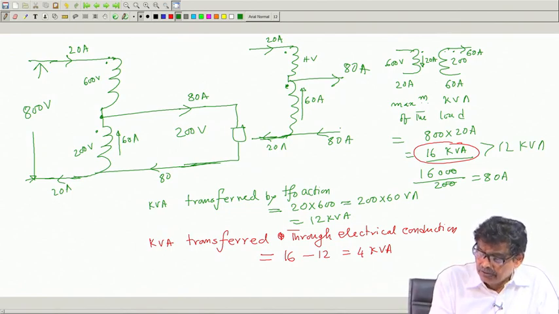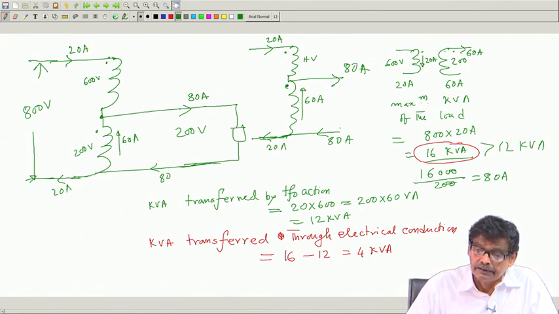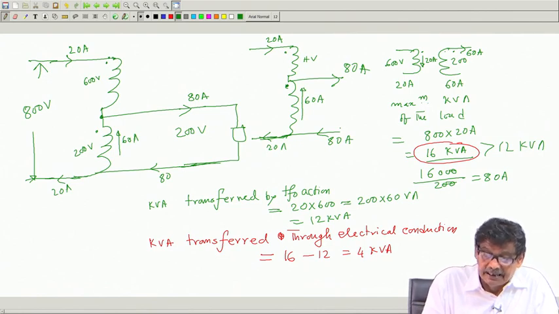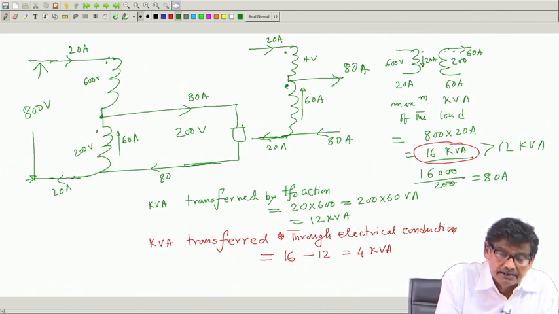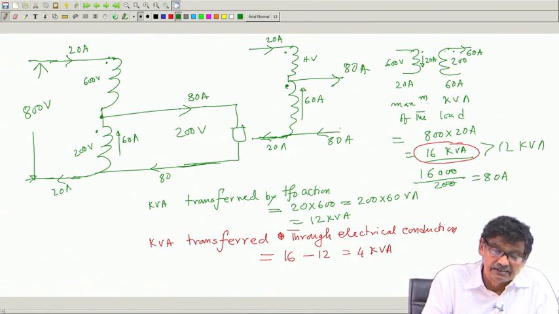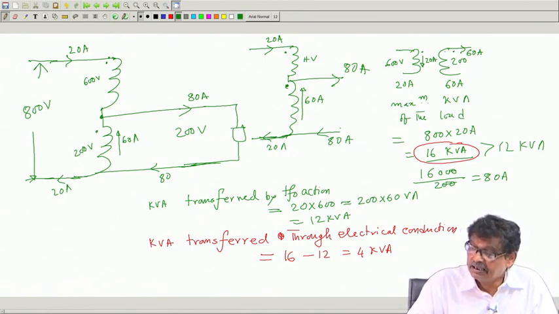And we have also seen another interesting feature: a two winding transformer whose rating, in the numerical example we considered, is 12 kVA. Apparently it looks very surprising that the kVA handled by this connection is much more than the kVA rating of the two winding transformer.